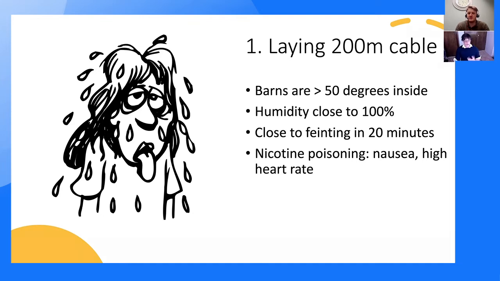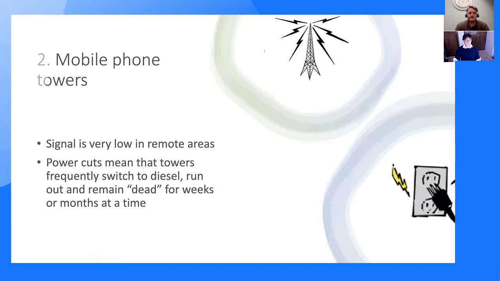In about 20 minutes, you're close to fainting, and you start feeling very nauseous from the sheer quantity of nicotine your body is absorbing, and your heart rate goes out of control, and you just can't stay in there for long. So it took us quite a few days to actually lay the cables and set the sensors in the right place. It really made me wonder whether it was going to be a scalable solution given that problem.